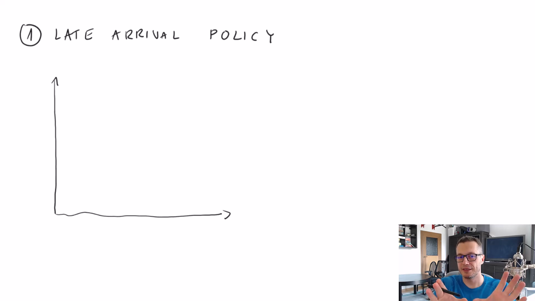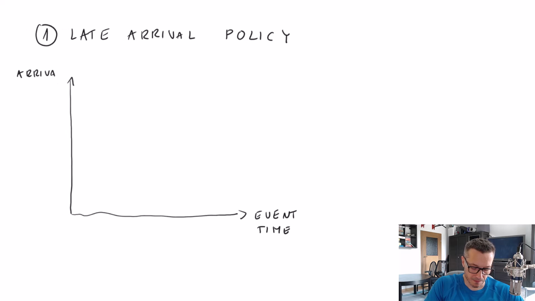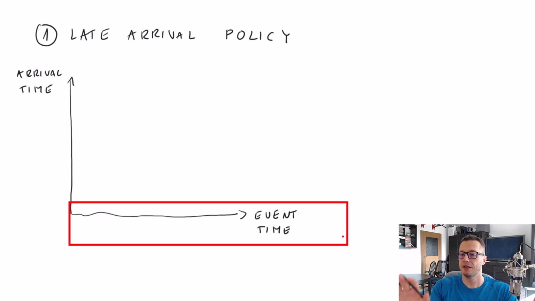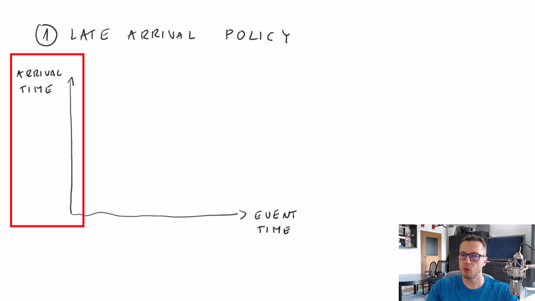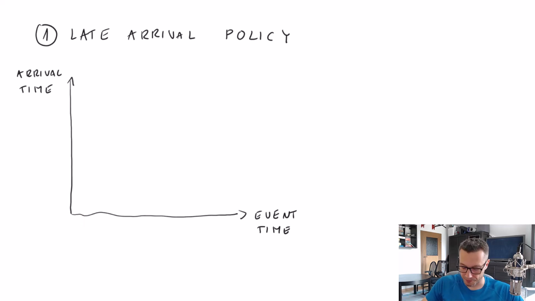Let's say that on the horizontal axis, we've got event time. On the vertical one, we've got arrival time. And let's say that the scale of both axes is the same. So, one more time: here we've got the time when the event was generated, and here we've got the time when the event was received by Azure.